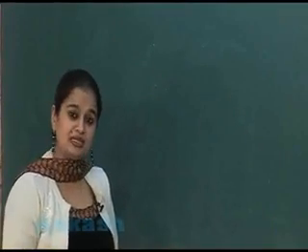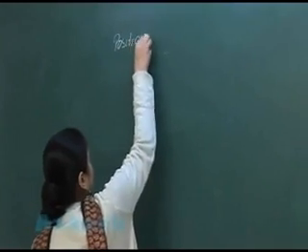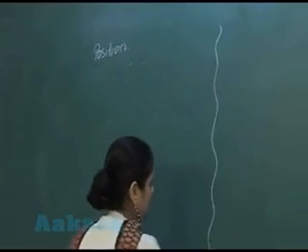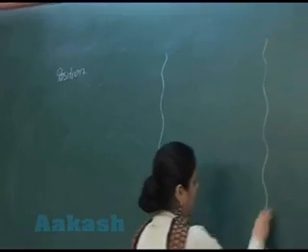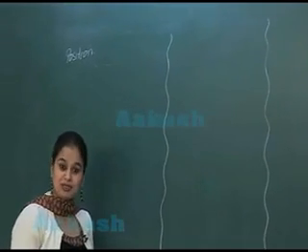So now we will see the position of these three types of tissue. Parenchyma is the most abundant tissue.